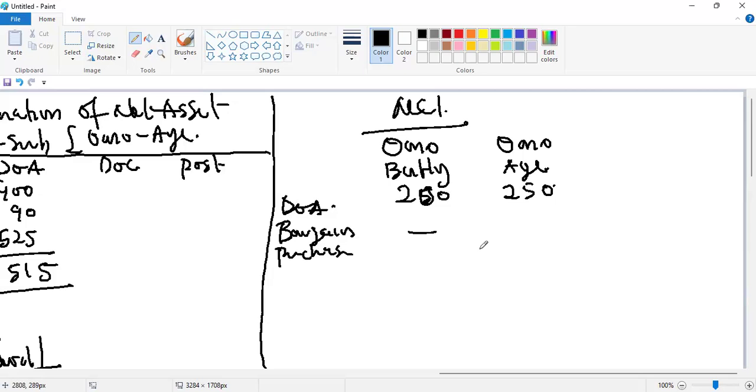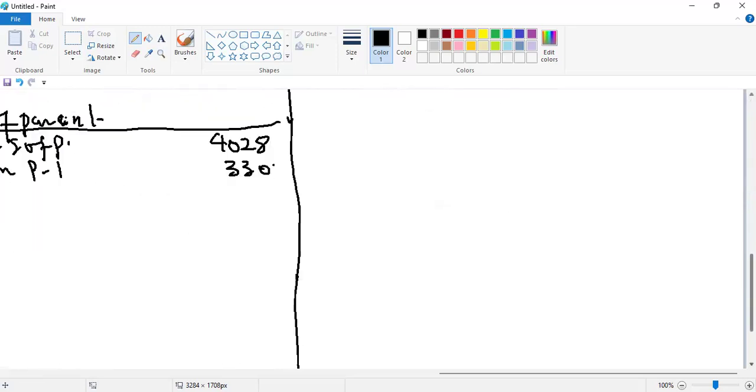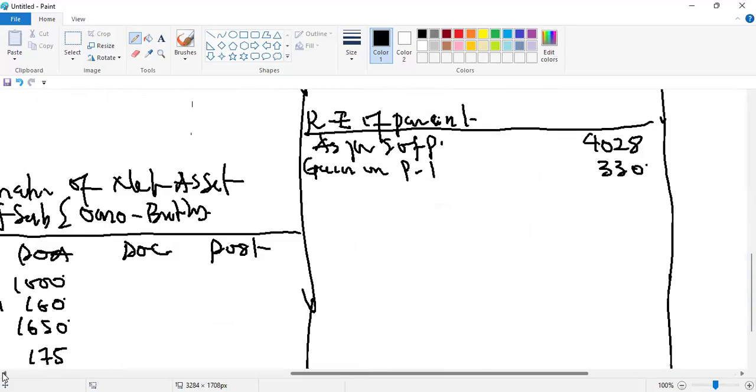What is the 25%? 0.25 times 35, 8.75. 8.75 will come to the NCI. Then the parent will retain, we collect the 75% of it. 26.25.